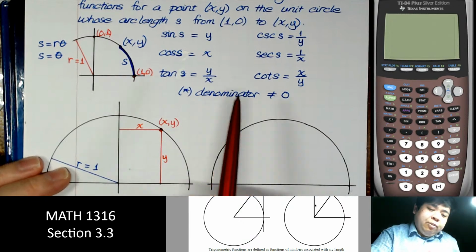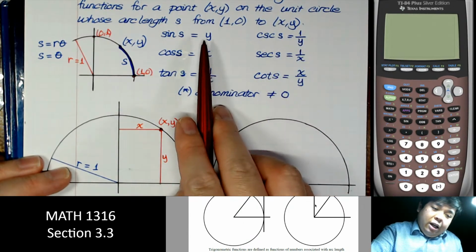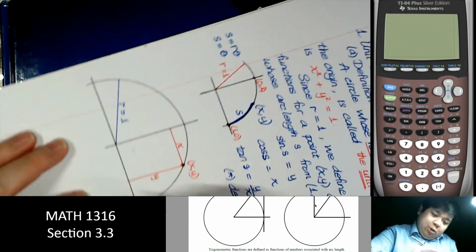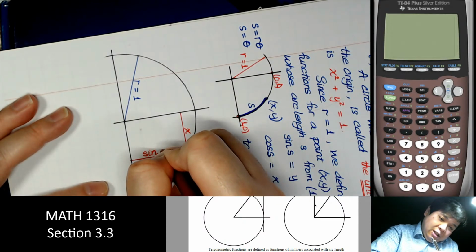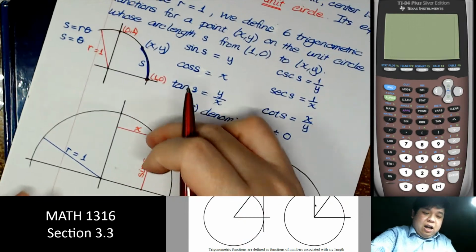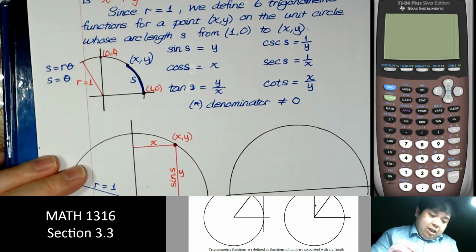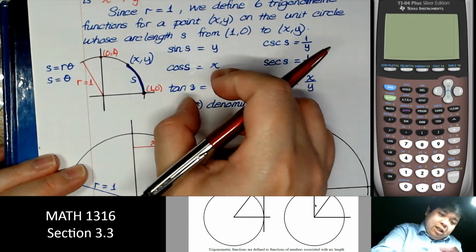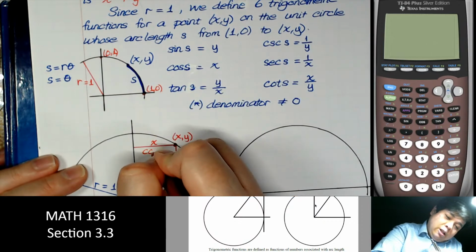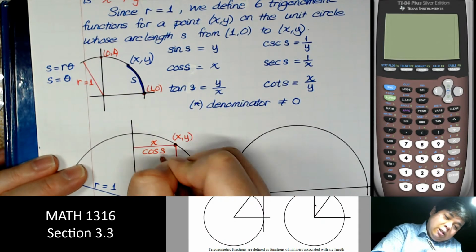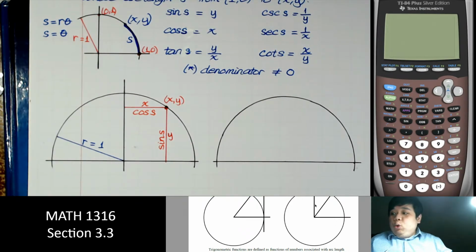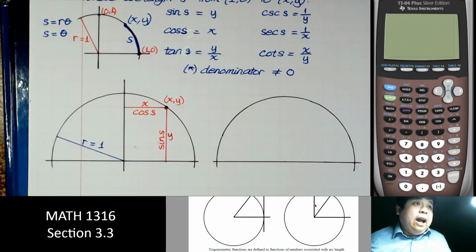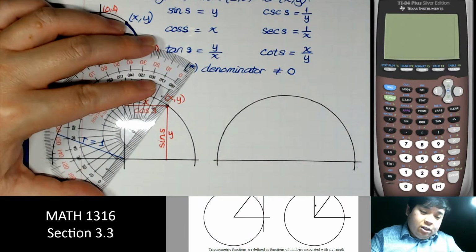By the definition, y is equal to sine, so we have sine of s, and the horizontal is the x values, which is cosine. Right, so that's easy. Where would be the tangent and the secant, cosecant, cotangent?